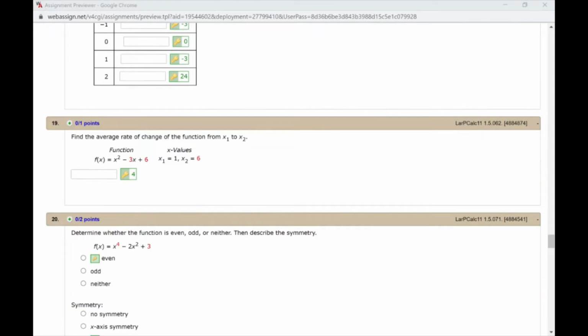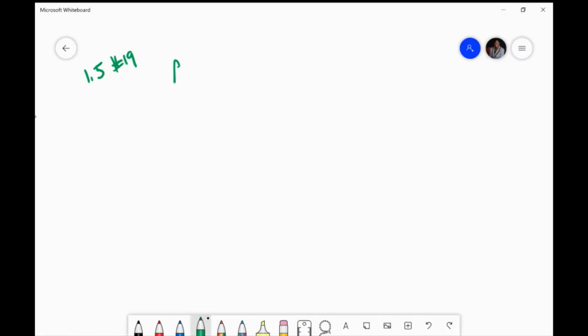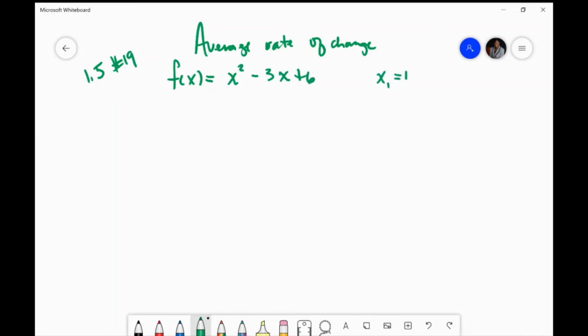Yes, it is. All right. So the problem I just showed you is the average rate of change. And again, you all may not have the same problems. They will be similar though. f(x) equals x squared minus 3x plus 6, and then x1 equals 1.